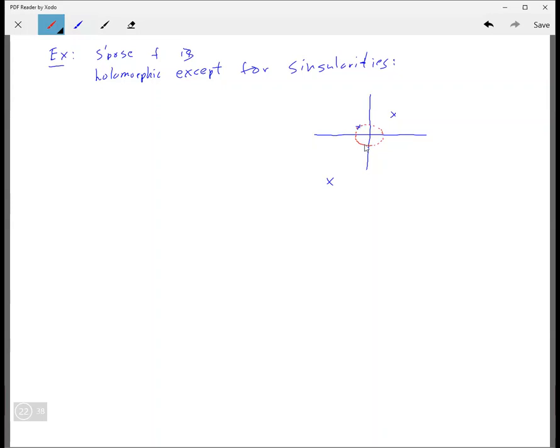Now, we already said that if you do a Taylor series, the radius of convergence is the distance from the center to the nearest singularity. So we'll call those z0, z1, z2, and z3.